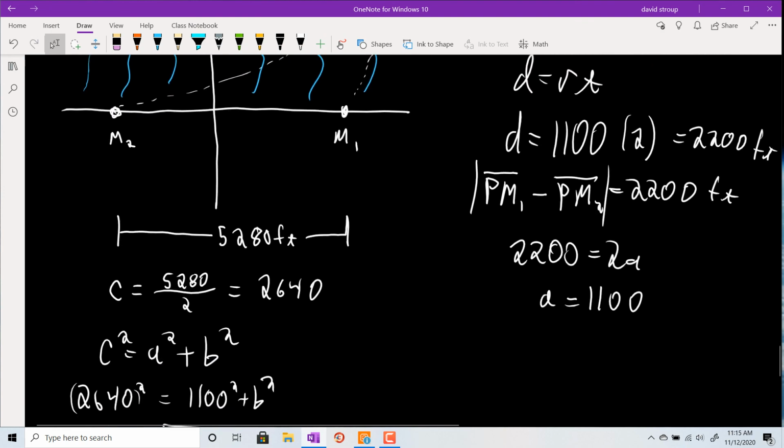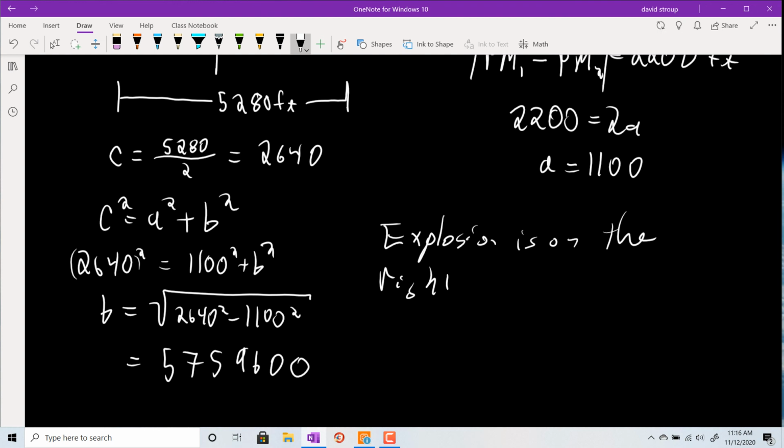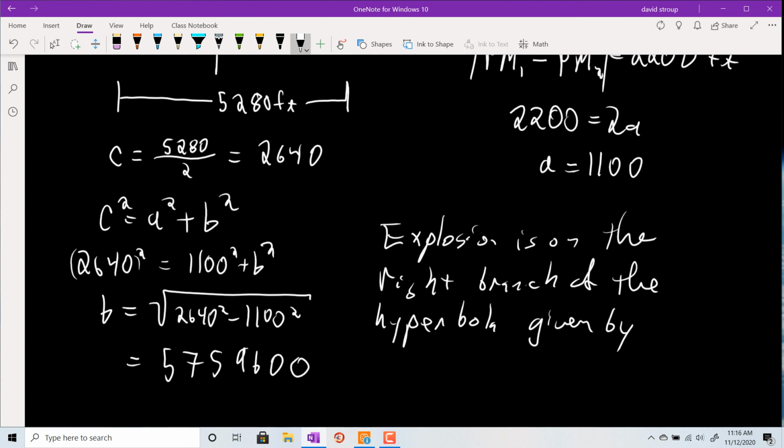And then from there, we can create the equation of a hyperbola, and that will tell us at least what direction for maybe our helicopters to go in. So at the end of the day, the explosion is on the right branch of the hyperbola given by the formula x squared over a squared, which is 1,100 squared, minus y squared over b squared, which is that nonsense that we just figured out.